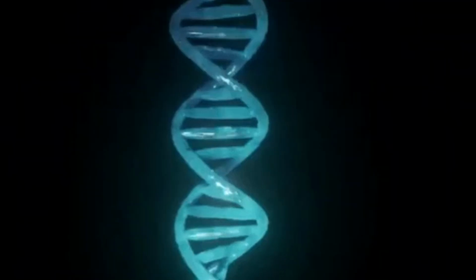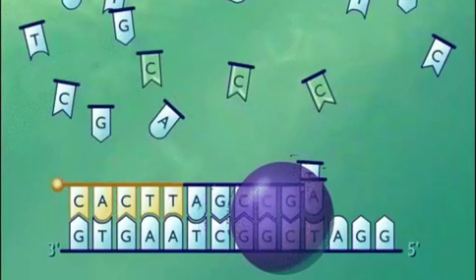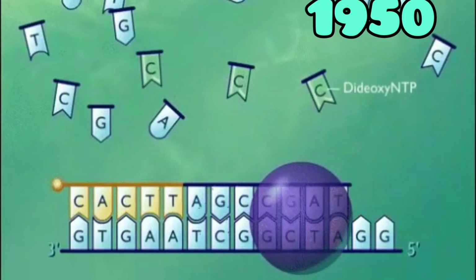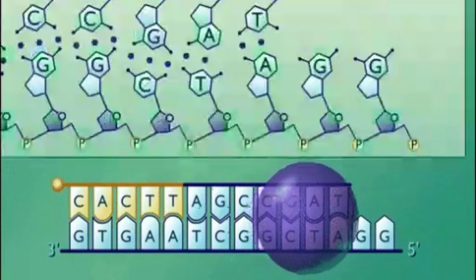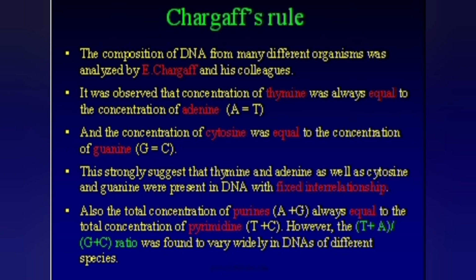Now, the chemical components of DNA had been discovered prior to 1950. Two lines of investigations helped in the derivation of DNA structure, that are the Chargaff's rule and X-ray crystallography.